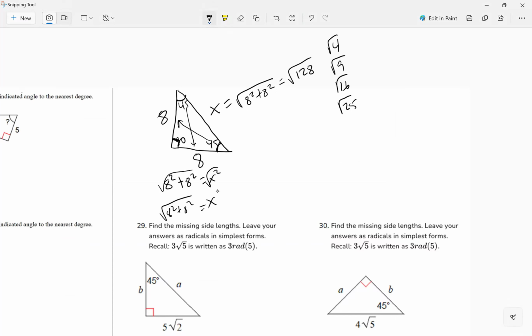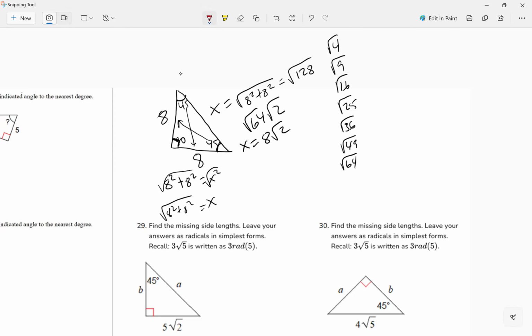Now, what's the biggest perfect square that can divide 128? I think I can divide it by 64. I can split this as the square root of 64 times the square root of 2, because 64 times 2 is 128. But isn't the square root of 64 already 8? So this is going to be 8 radical 2.